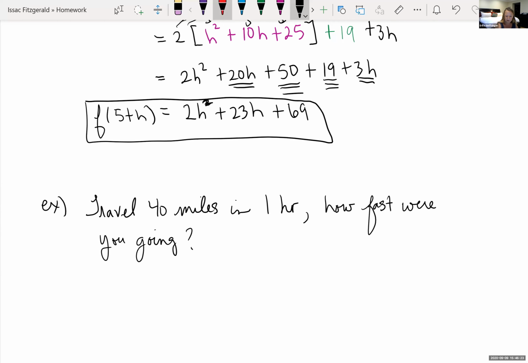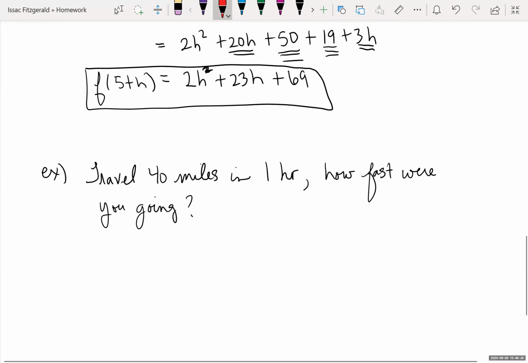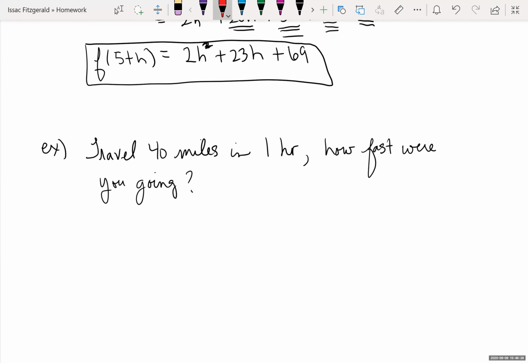So you might remember the formula that distance is equal to rate times time. Rate is the speed, and if we know that our distance is 40 miles and our time is 1 hour, we can plug those into the equation and solve for R. So 40 is equal to the speed we were going times the time we were traveling, which is 1.